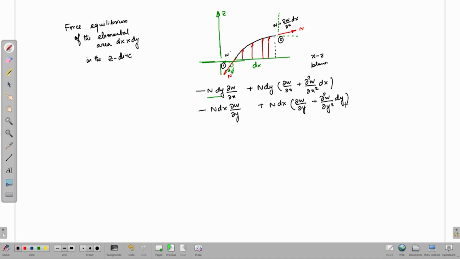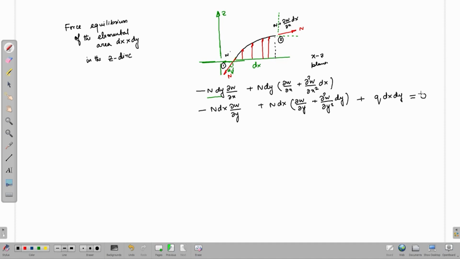So, these are the components of the N force, the boundary force N that is being applied. Apart from that, there would be Q, which is acting per unit area, into dx into dy, and this whole thing has to be equal to 0 for the equilibrium condition in the vertical direction.